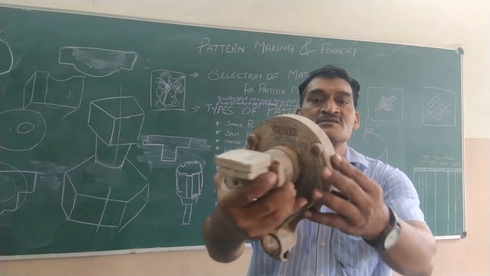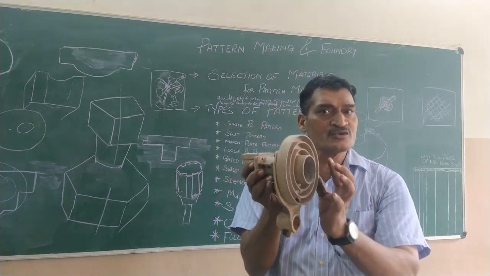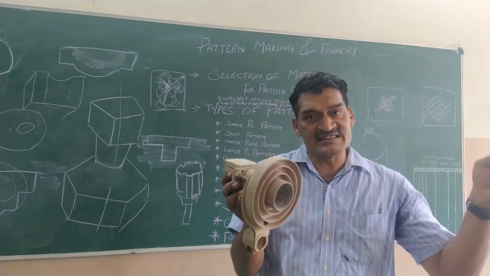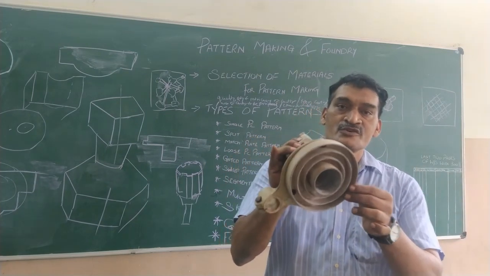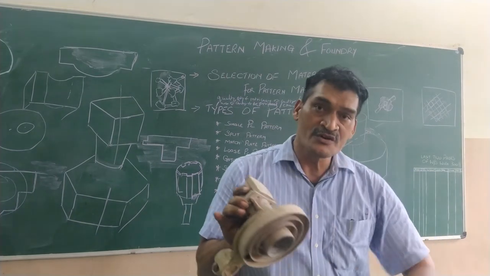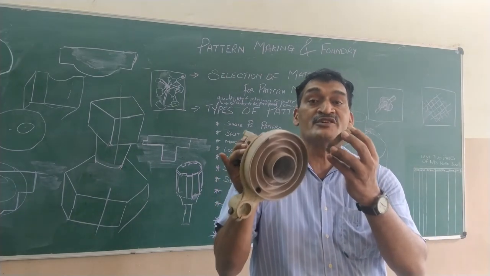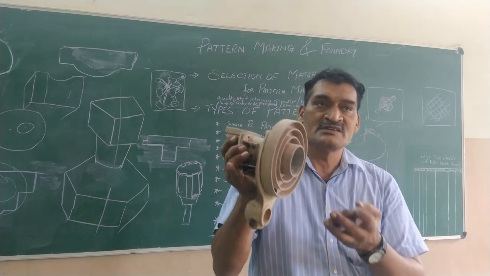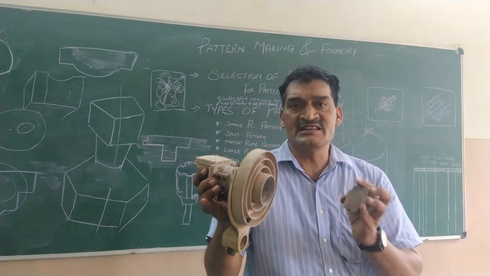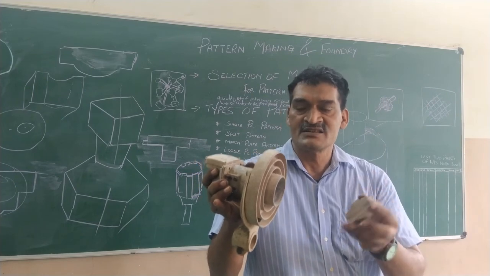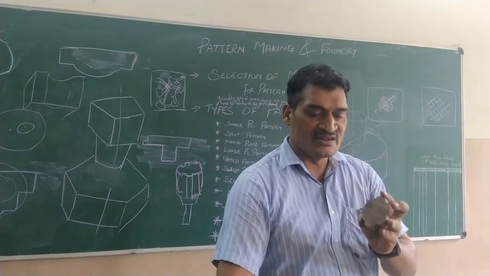It's smooth. So, if you want a smooth finish on the casting, and if you're not going to machine further, can we use wood? No. We will have to use metals, specifically aluminium or steel or brass. We can't use wood.